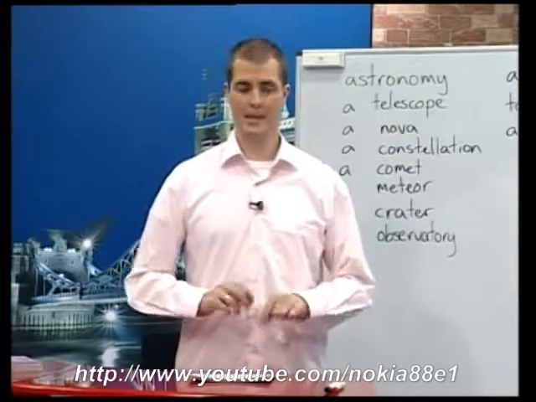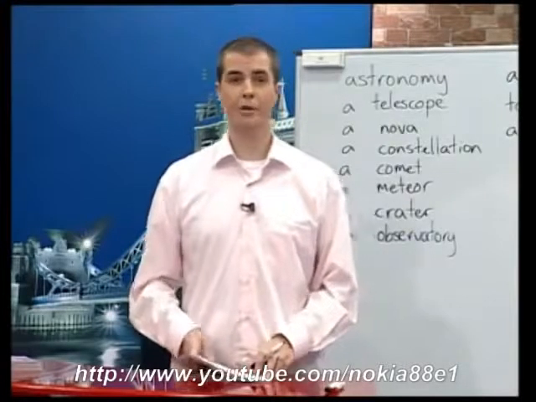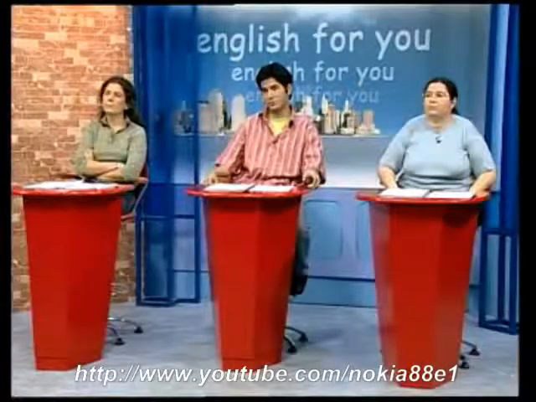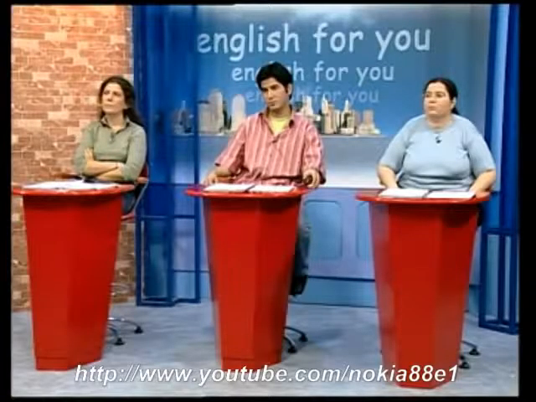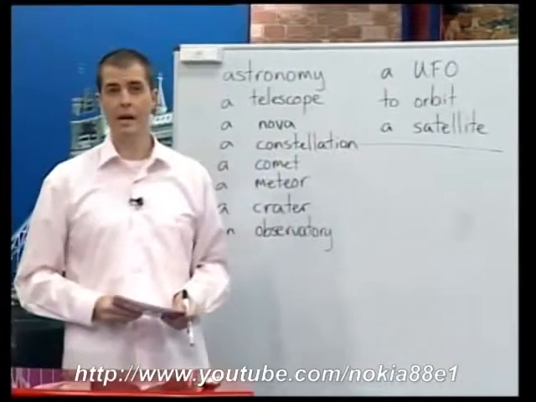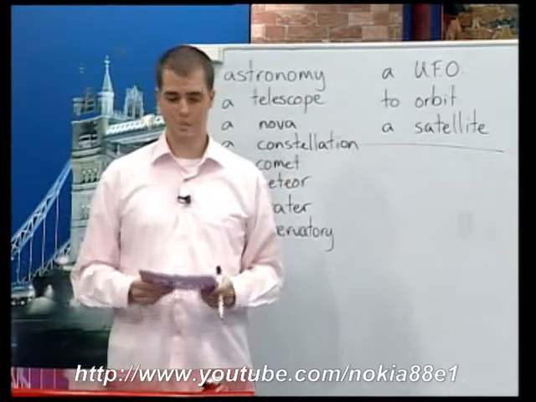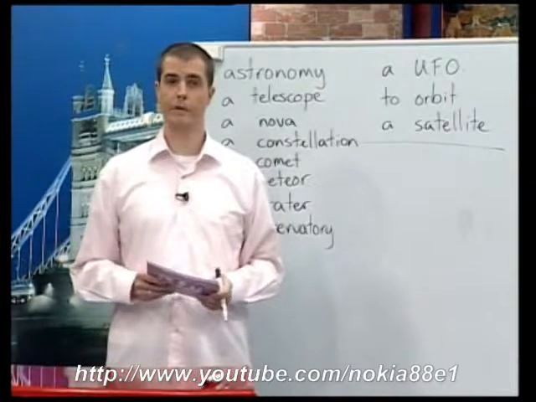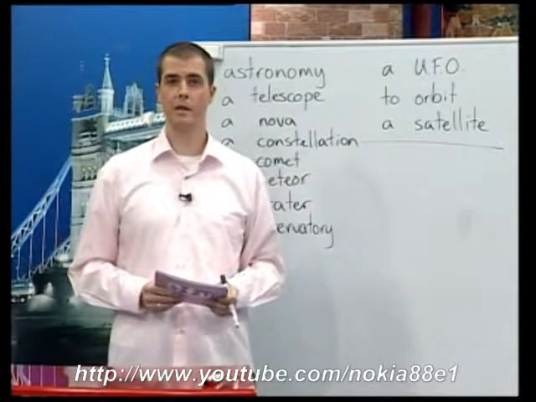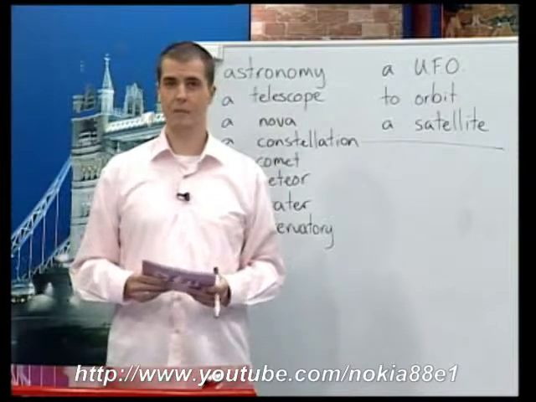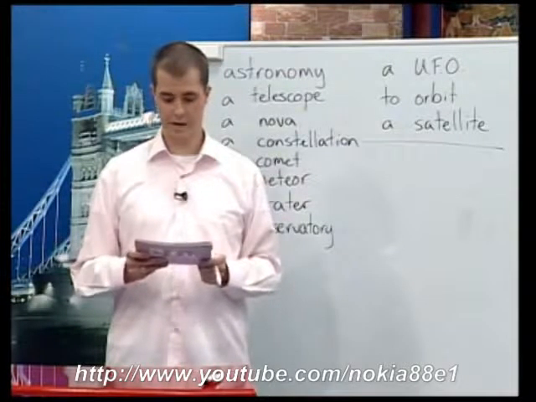So we use the passive in spoken and written English. And in the active voice, the subject or the doer of the action is important. In the passive sentence, in the passive voice, the object becomes the important thing.